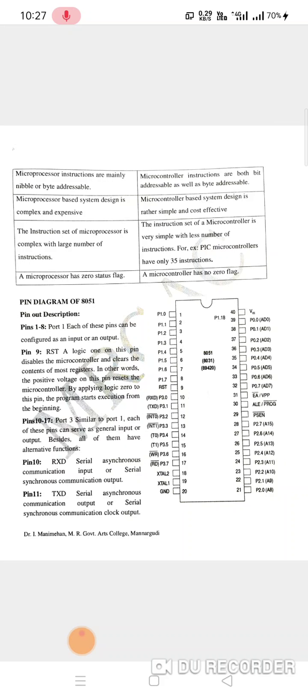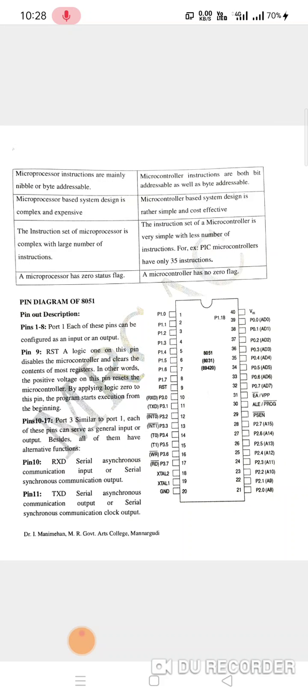Pin number 1 is port 1.0, the 0th bit of port 1. Pin number 2, 1 bit of port 1, like that. And pin number 9 is the reset pin, RST.